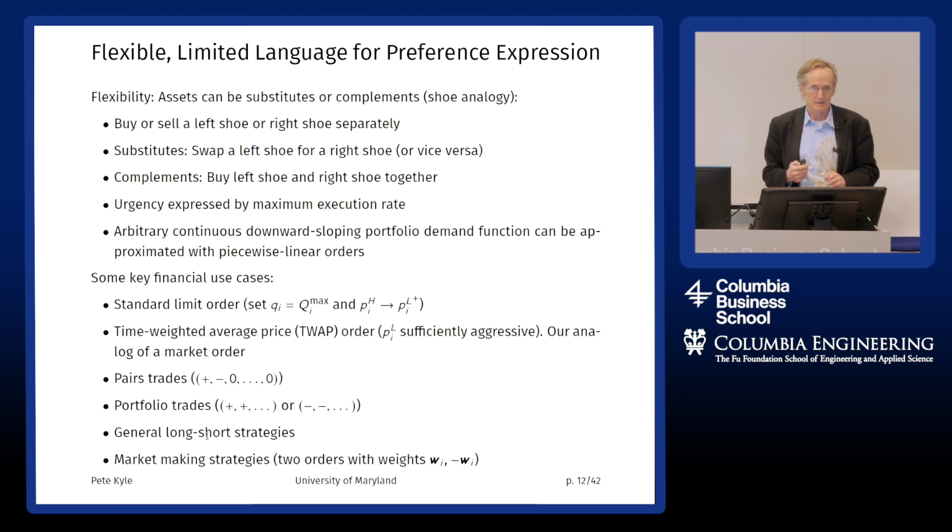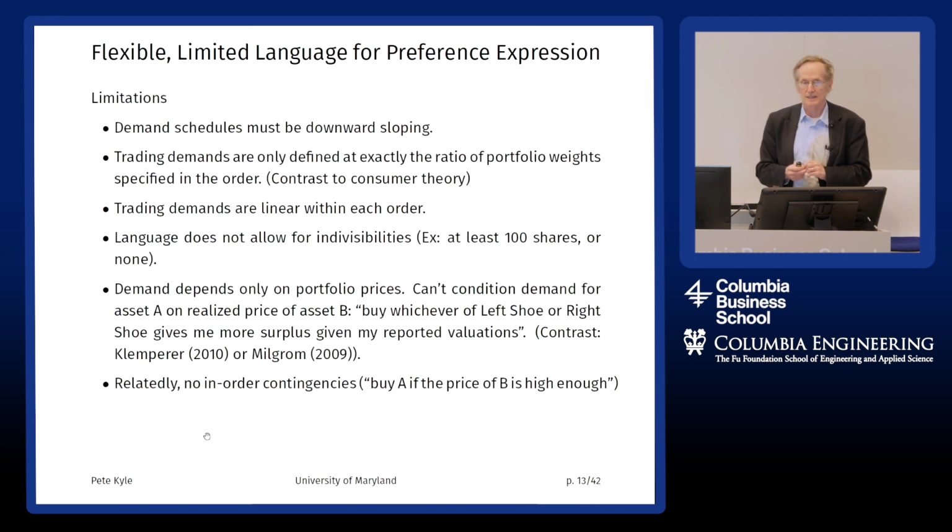Let me just keep going. There are some limitations here. These demand schedules we require to be downward sloping. That's going to create a convex problem for us later on, which is intended to make things easy in that sense. Your trading demands have to respect exactly your portfolio weights. Your trading demands are linear within each order, although I said you could approximate something that's nonlinear.